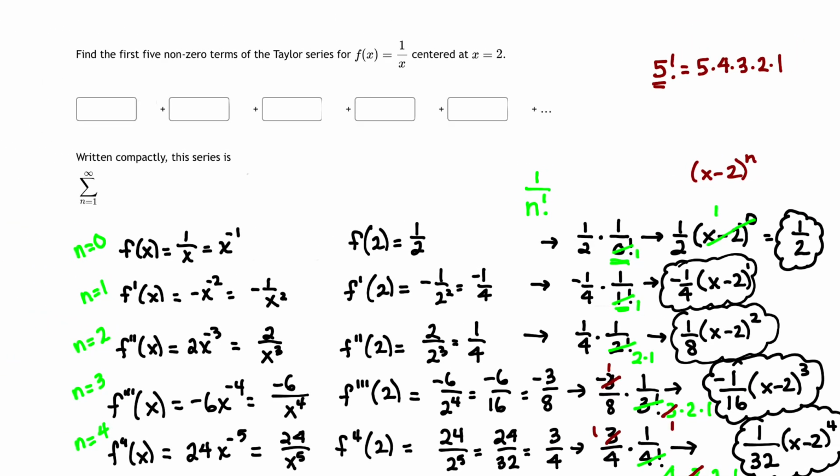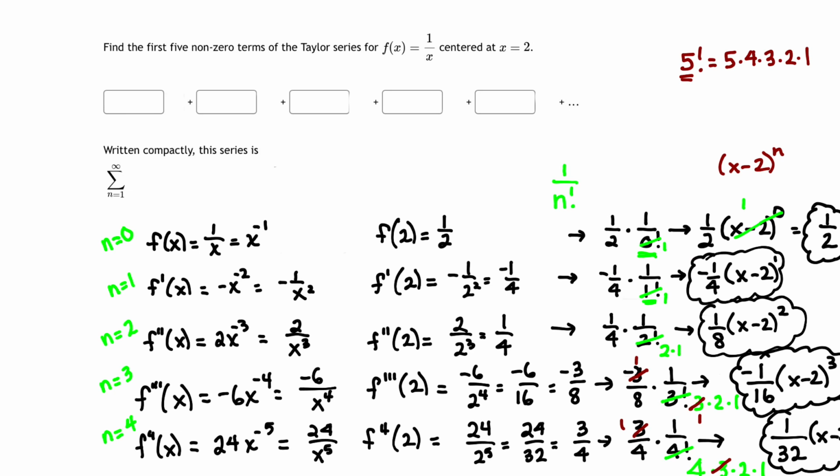Let me put those pieces, and that's what's going to go right here in these boxes on my open math. 1/2, and then negative 1/4 x minus 2, and then positive 1/8 x minus 2 squared, then negative 1/16 x minus 2 to the third, and positive 1/32 x minus 2 to the fourth. Those are our first 1, 2, 3, 4, 5 non-zero terms for our Taylor series.